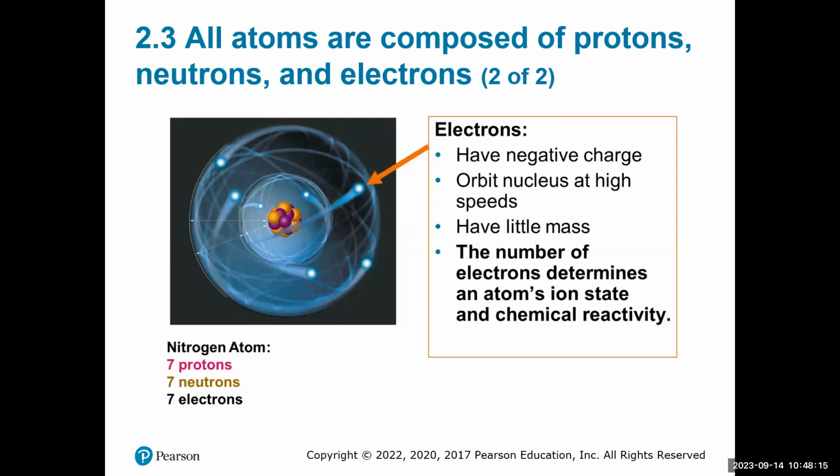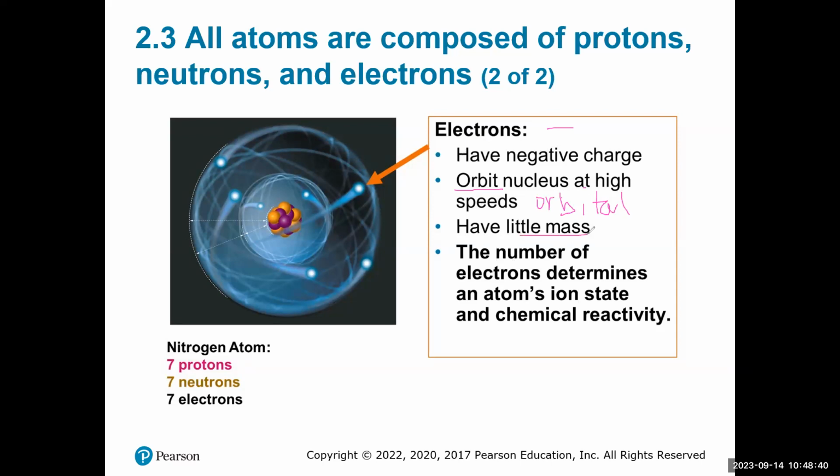Now electrons are really small. They have a negative charge. They orbit the nucleus, and we call these orbitals.